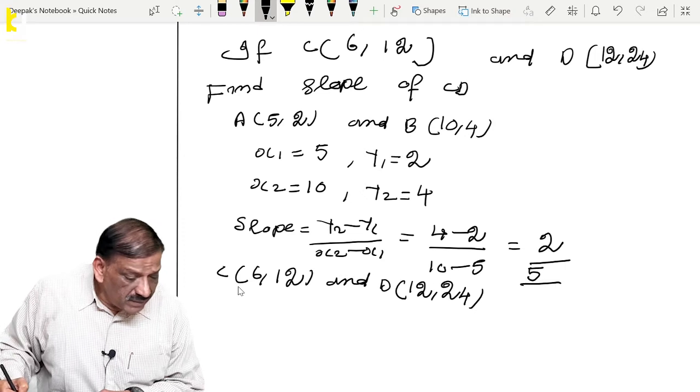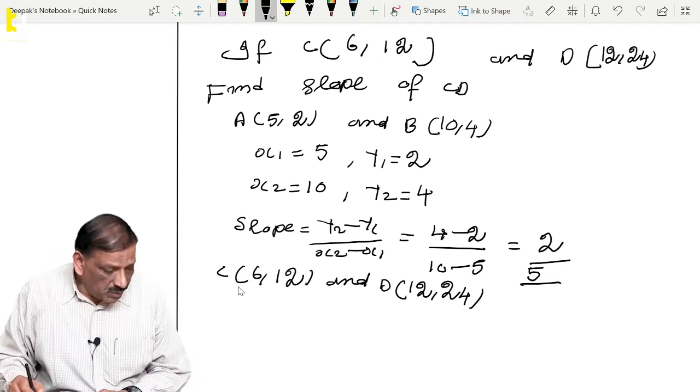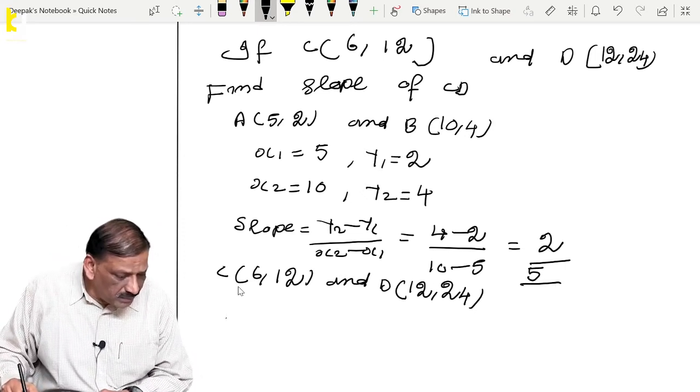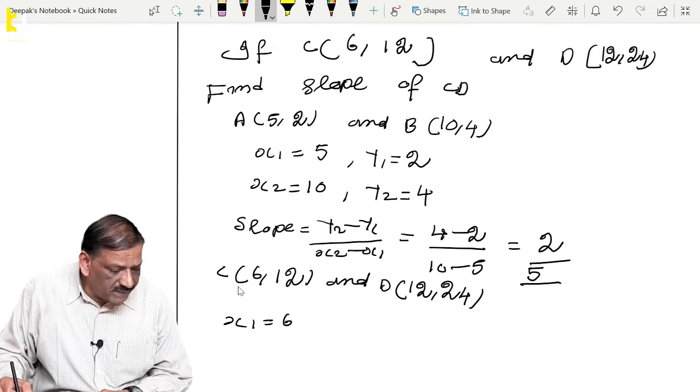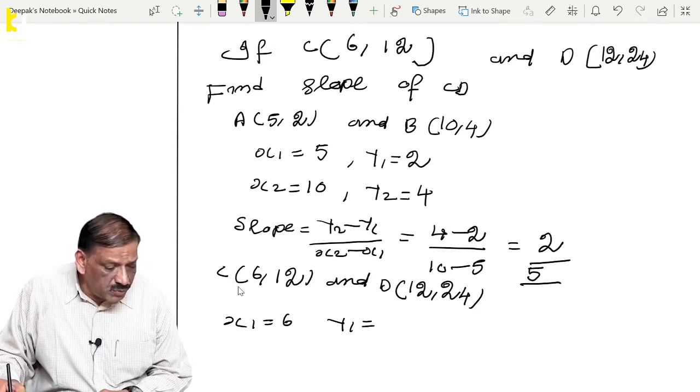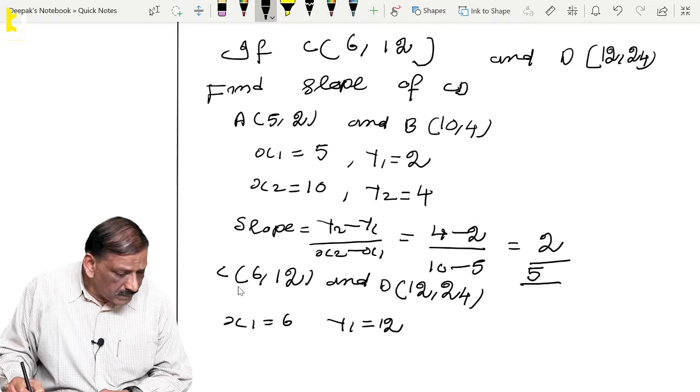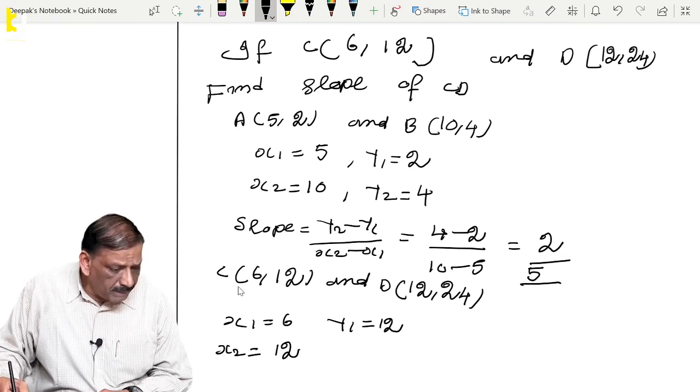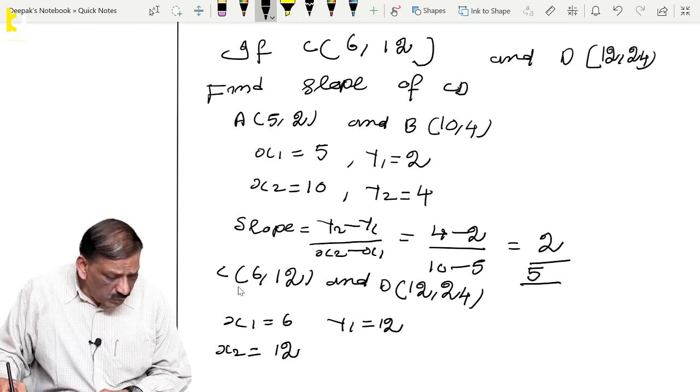For CD, here x1 equals 6, y1 equals 12, x2 equals 12, then y2 equals 24.